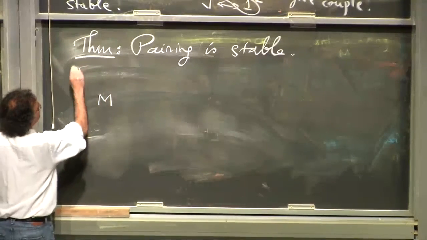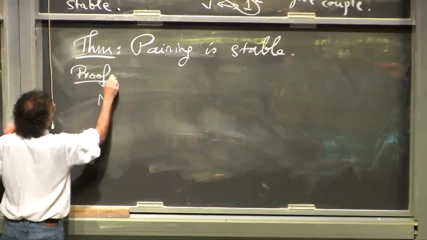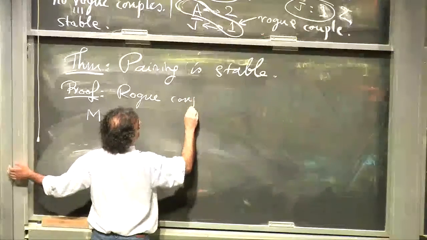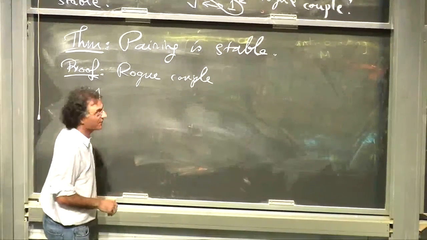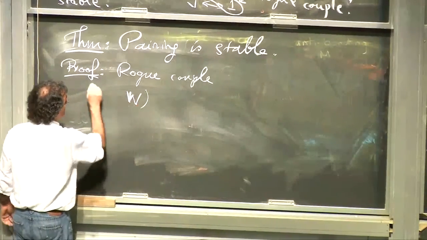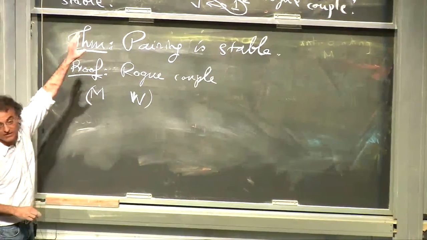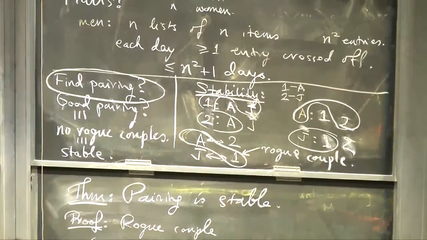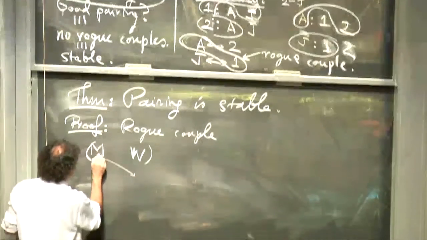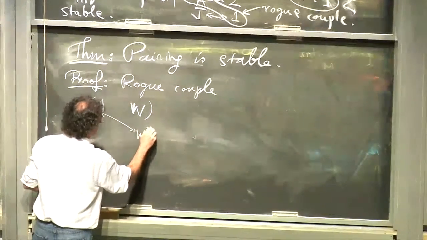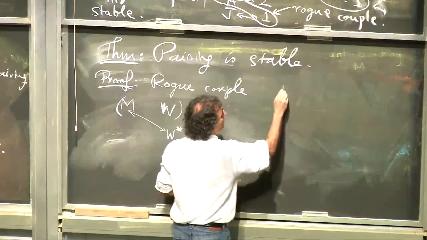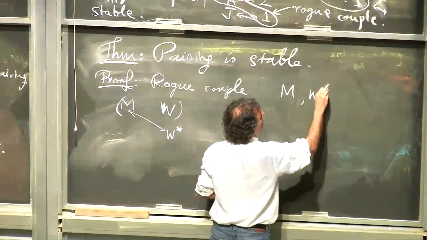So again, assume for contradiction that there's a rogue couple. Let's say that M is paired with W in this pairing, but he'd rather be with W star. So we have a rogue couple M W star.